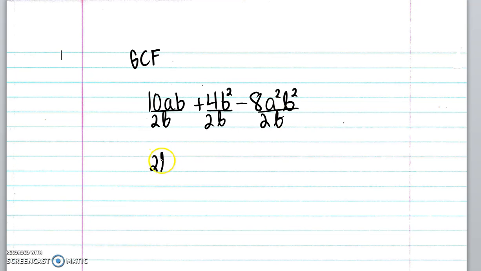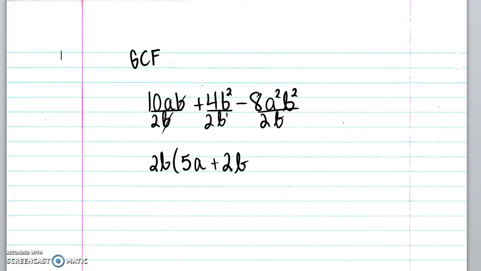So I'm going to write 2b. And now I'm going to divide left to right. 10 divided by 2 is 5. Since I can't divide out anything by that a, I just bring it down. And then b divided by b is 1. It's gone. Work your way to the right. 4 divided by 2 is 2. B squared divided by b is b.